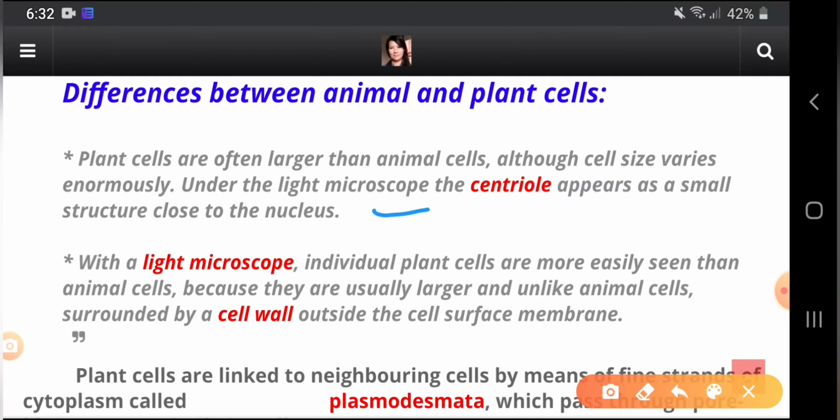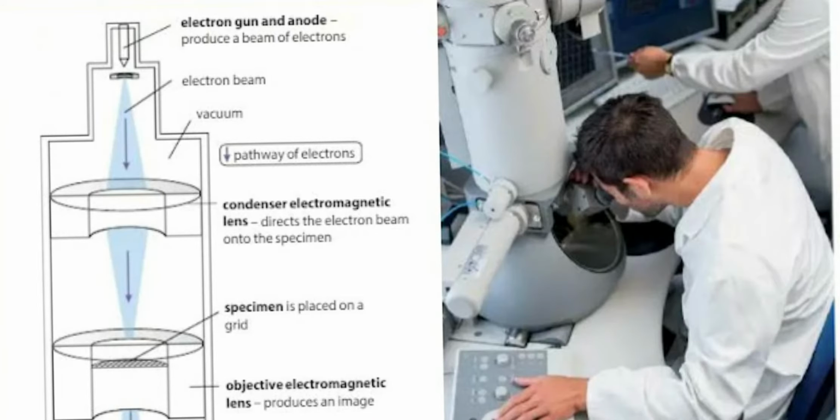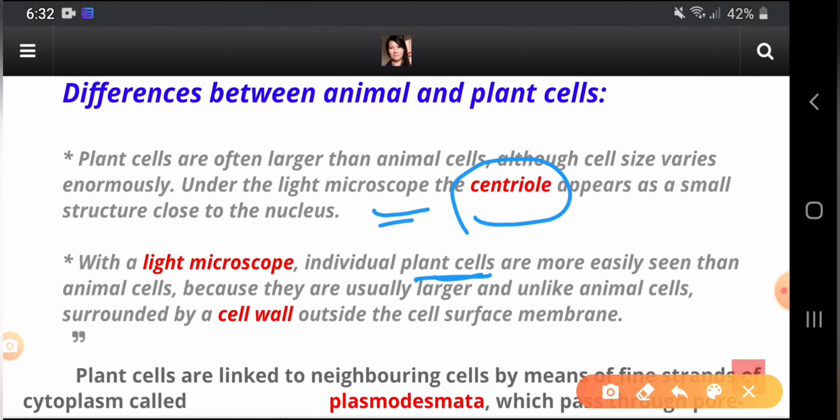Under the light microscope the centriole appears as a small structure close to the nucleus. Individual plant cells are more easily seen than animal cells because they are usually larger and, unlike animal cells, they are surrounded by a cell wall outside the cell surface membrane.